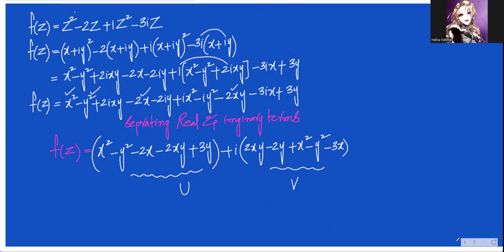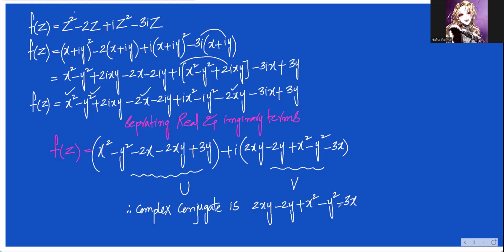The complex conjugate is 2xy minus 2y plus x square minus y square, minus 3x. If you take this one as v and apply the construction process, finally you again get f of z as this only.